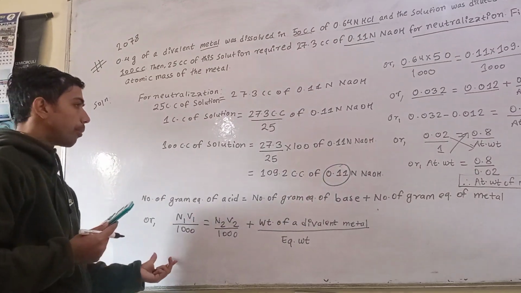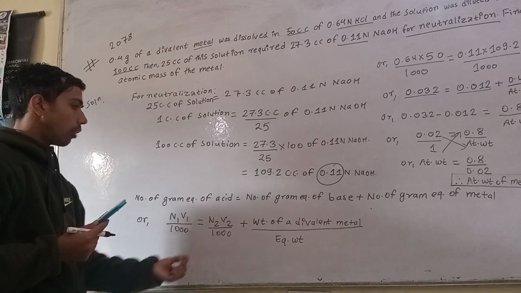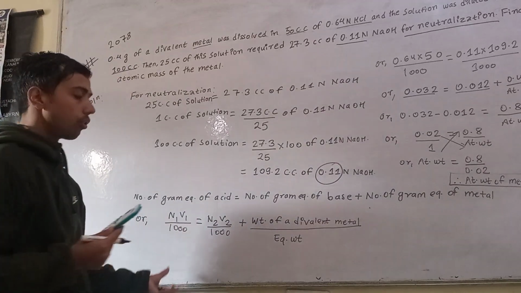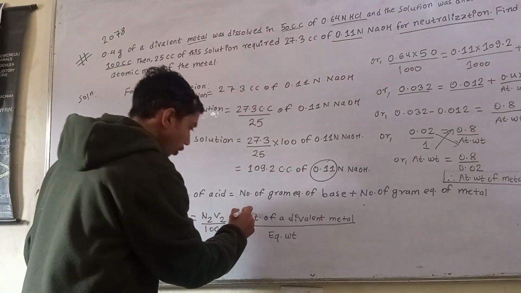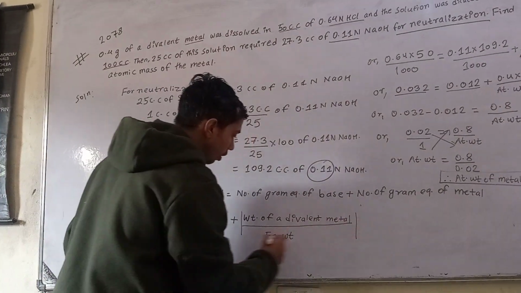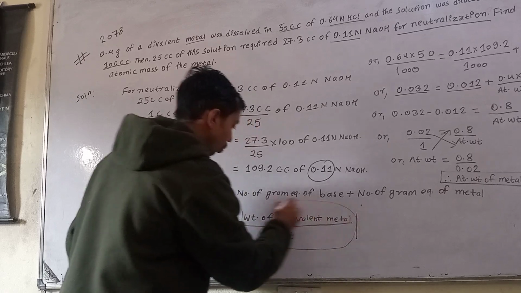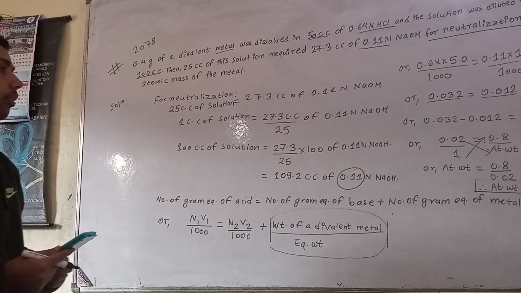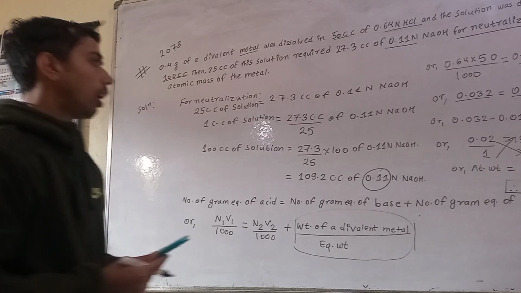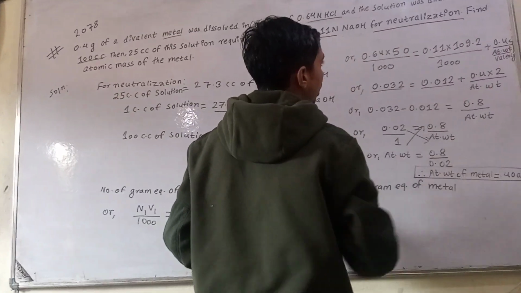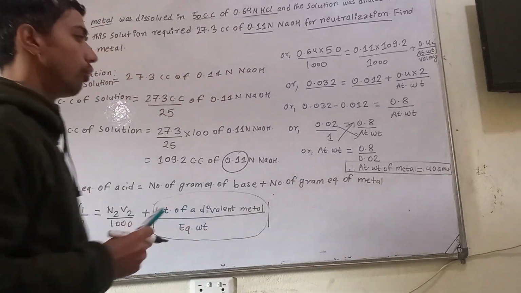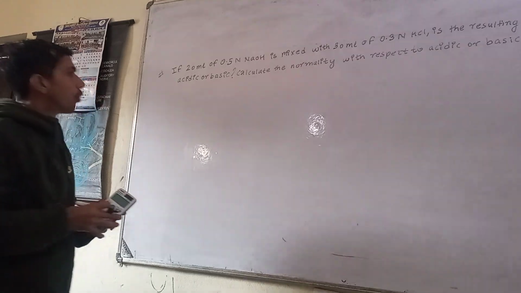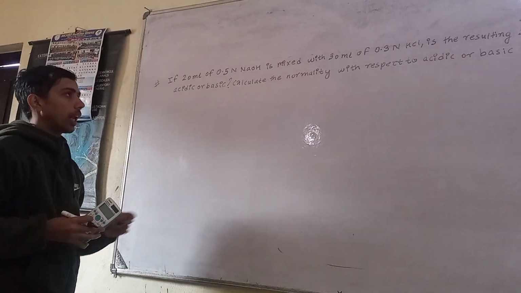So number of gram equivalent of acid is N1V1 upon 1000, gram equivalent of base N2V2 upon 1000, number of gram equivalent of metal. If the normality is not given, we have another formula also, that is weight of a divalent metal upon equivalent weight. When we calculate all these steps, we get the atomic weight of metal equal to 40 AMU.